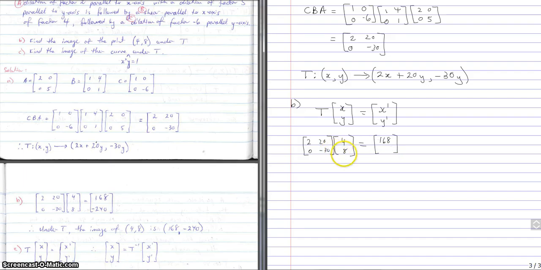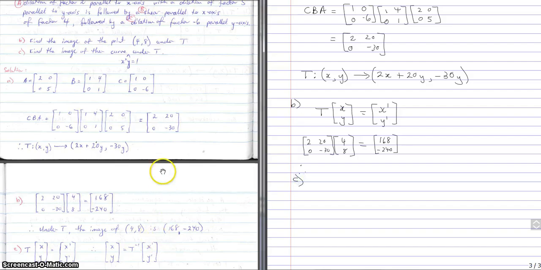And our y, 0 4s are 0, plus negative 30 times 8, that's negative 240. So this is our image point. We make a little statement, as written here: under T, the image of (4, 8) is (168, -240). Alright, so that's part B.